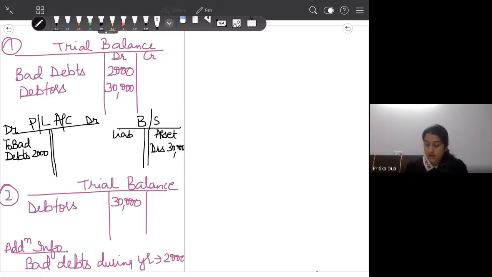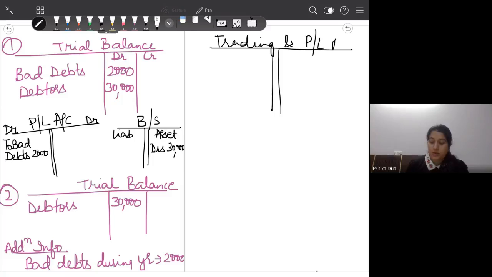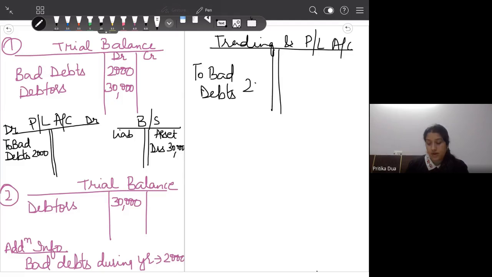Again, in the profit and loss account, basically this is your trading and P&L account. तो P&L account वाली साइड पे आप bad debts दिखाओगे 2,000. Okay, so this is the first treatment of the adjustment.